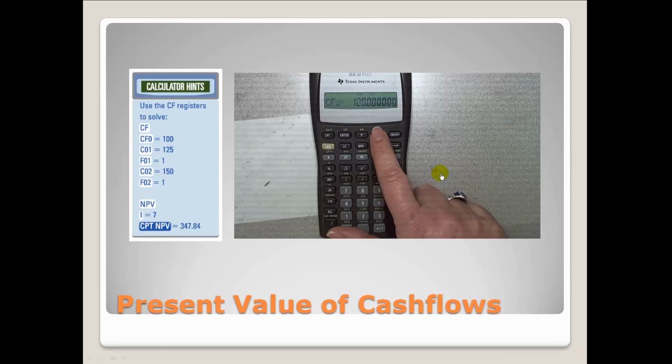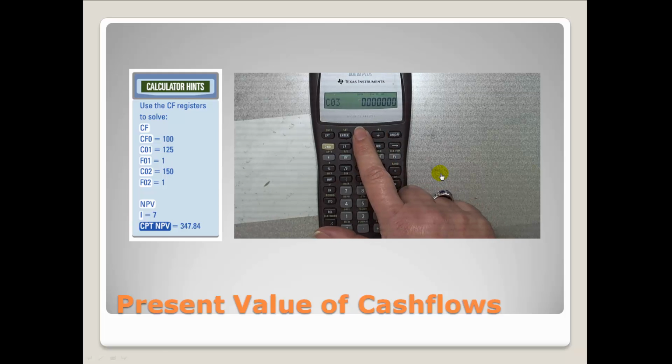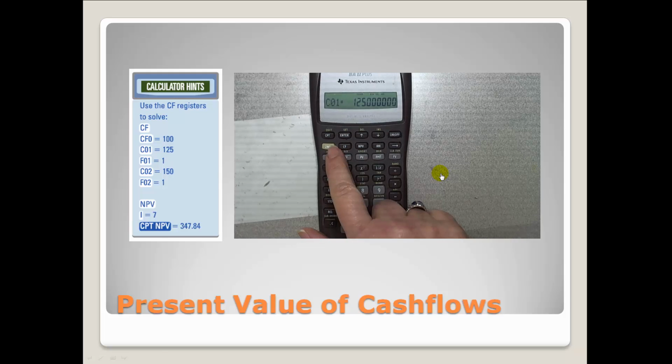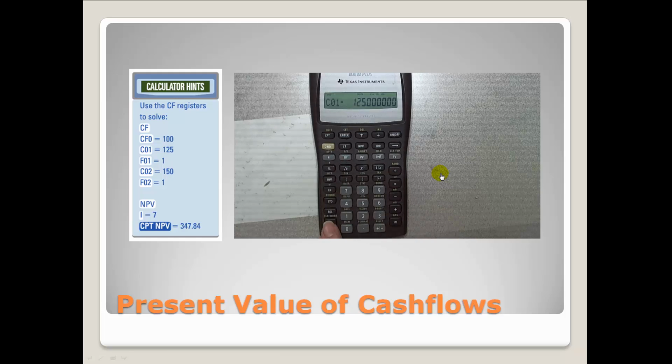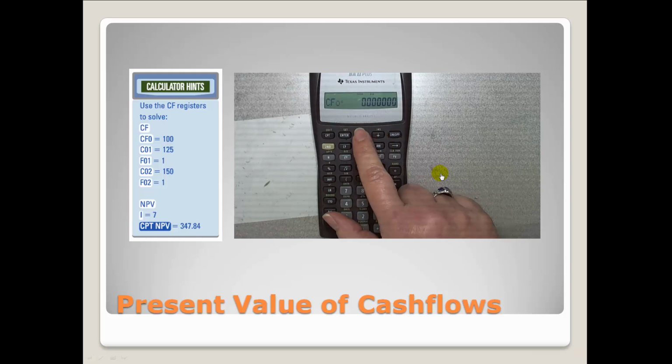If you've got anything but 1s and 0s popping up, then you need to clear it out. The way you clear it out is you hit second and clear work. And then check your cash flow register again. Make sure everything is coming up 0s. Then I'll just go ahead and hit that clear button on the lower left-hand side several times.